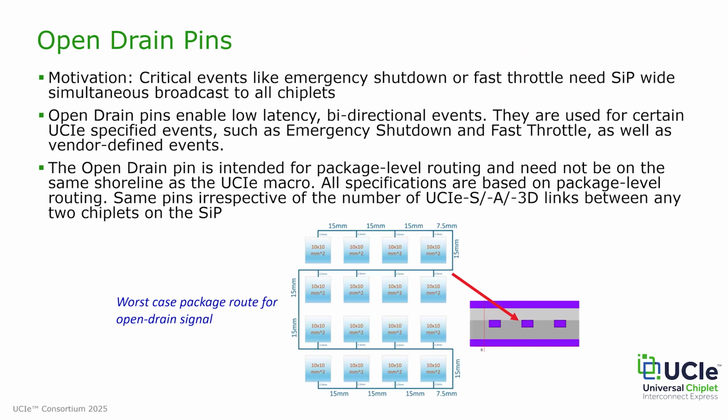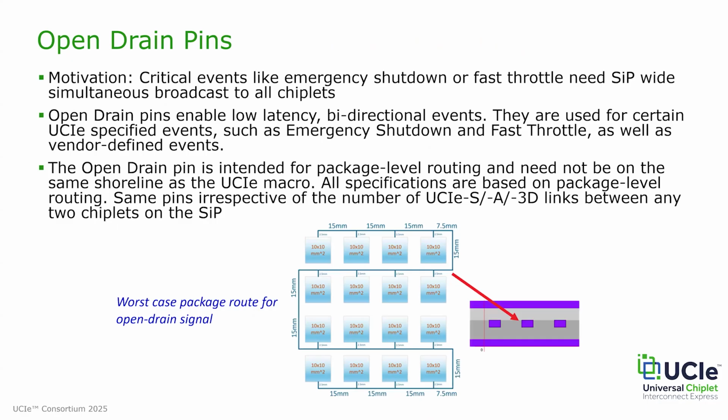Now, if you recall a couple of slides back, we talked about high priority events like power down, power wake up, and fast telemetry data that needed to pause and resume bulk traffic. Now, there is another category of really critical events that can't even wait for that 60 nanoseconds upper bound that we talked about.